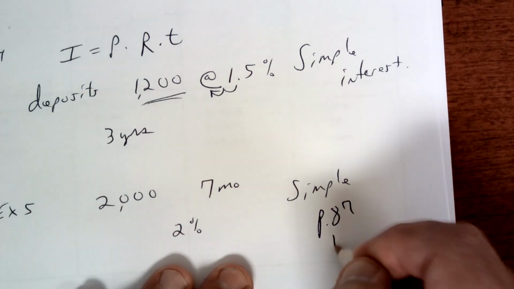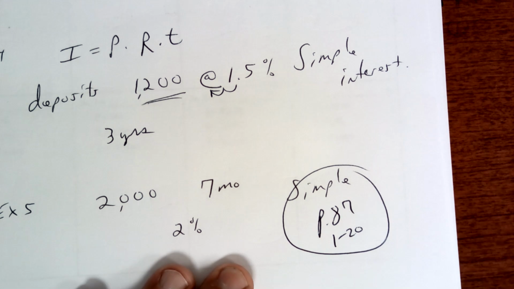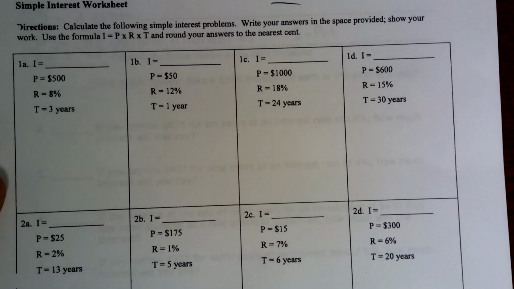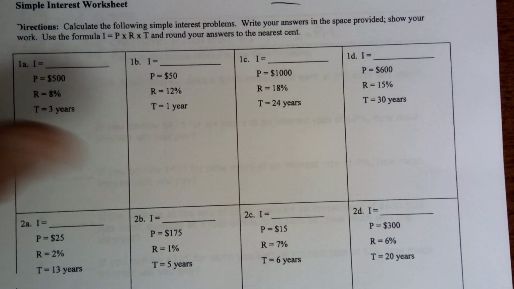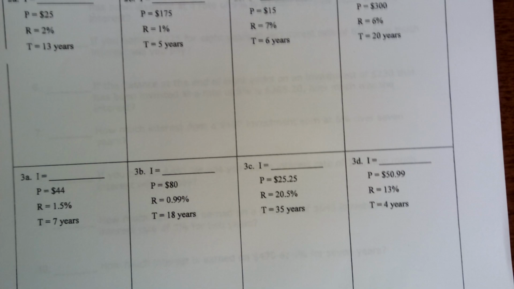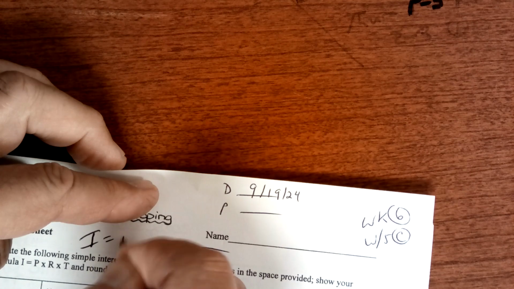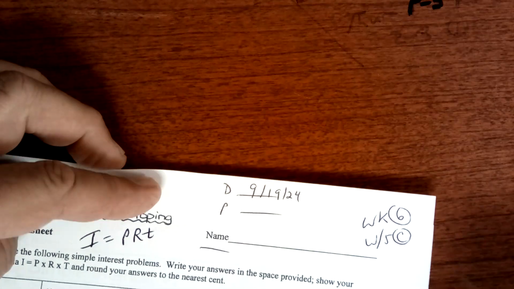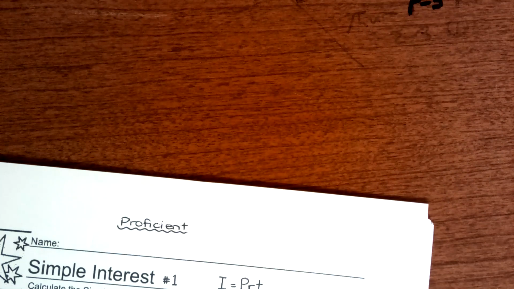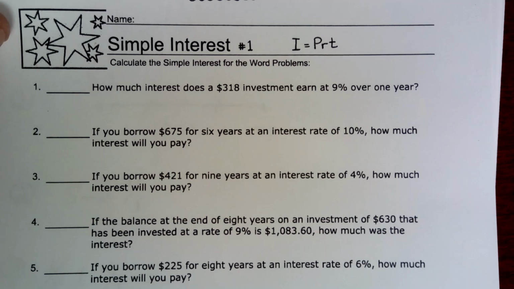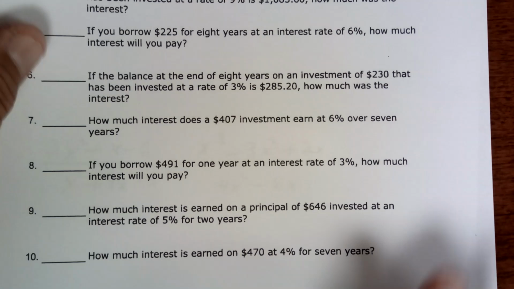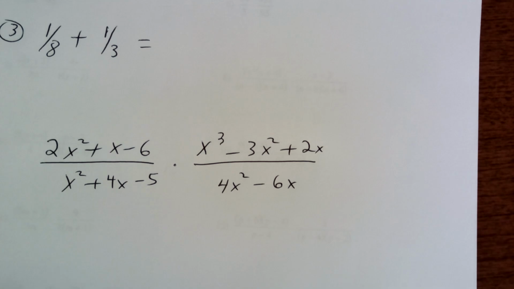And if you need to, read the examples and make sure you check the answers in the back of the book. Let's turn our attention now to, actually, you know what? Today's work is right here. It's a worksheet. And it looks like it's going to be I equals PRT. And this is worksheet C. There it is. Okay? So we have the worksheet.